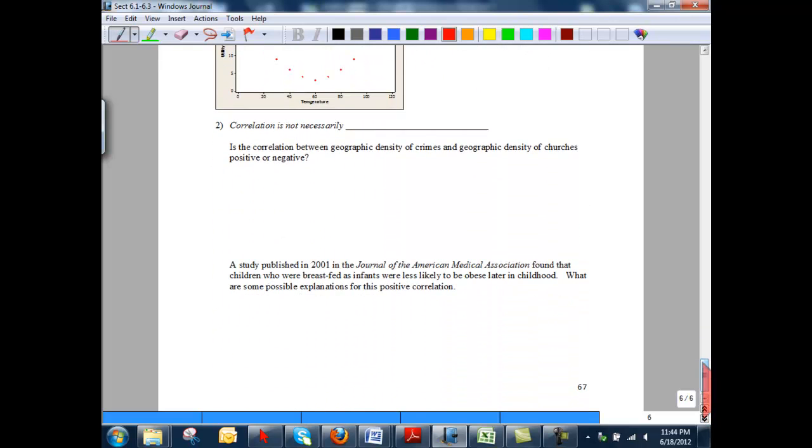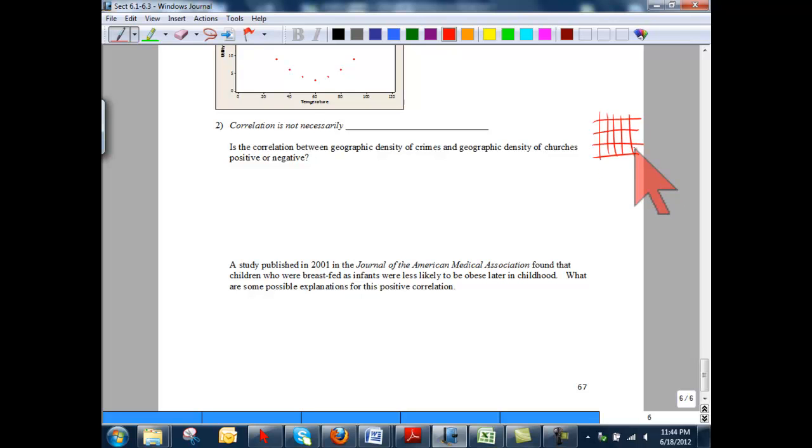Here's another caution. Let's look at a case study or a thought problem here. Is the correlation between geographic density of crimes and geographic density of churches positive or negative? So let me pick Grant County, for example, and divide Grant County into a grid like this.